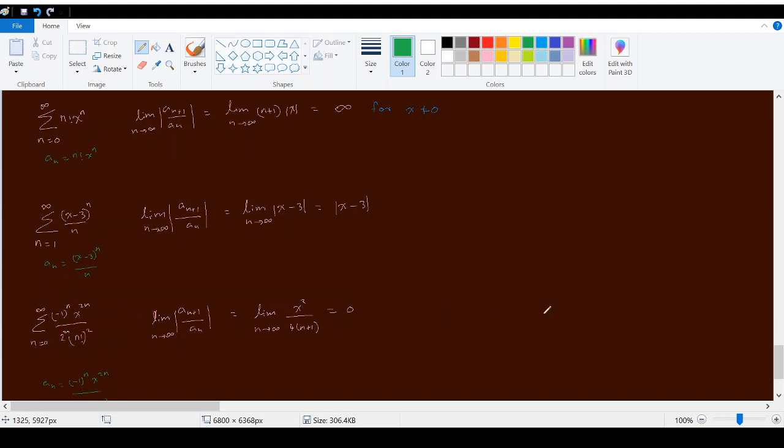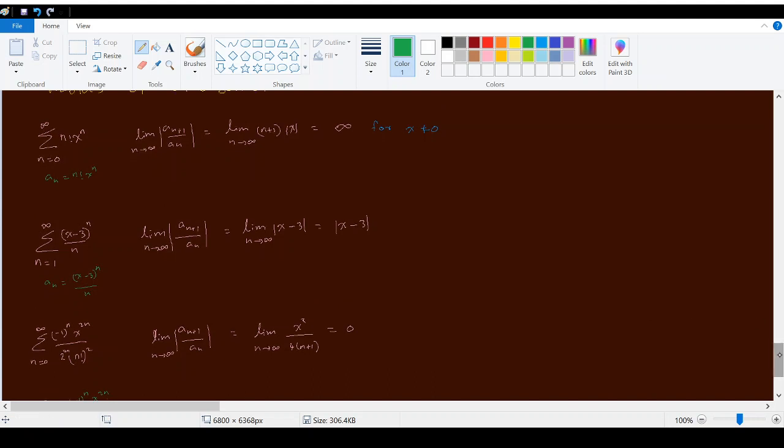That name is not that important at this stage, but just focus on this ratio through the limit through the ratio test. Okay, right. So when you get the ratio, you can see now in the first example that the limit is infinity for all x not equal to 0.